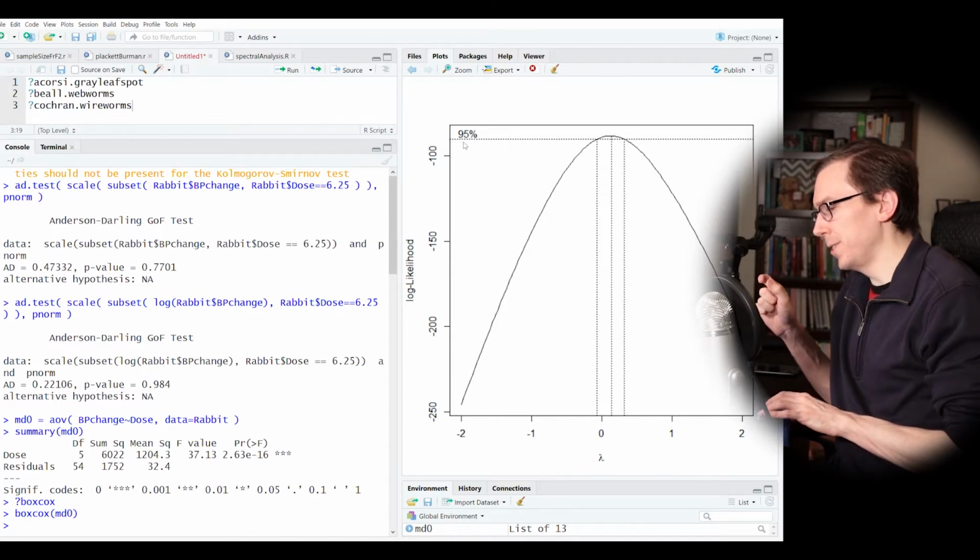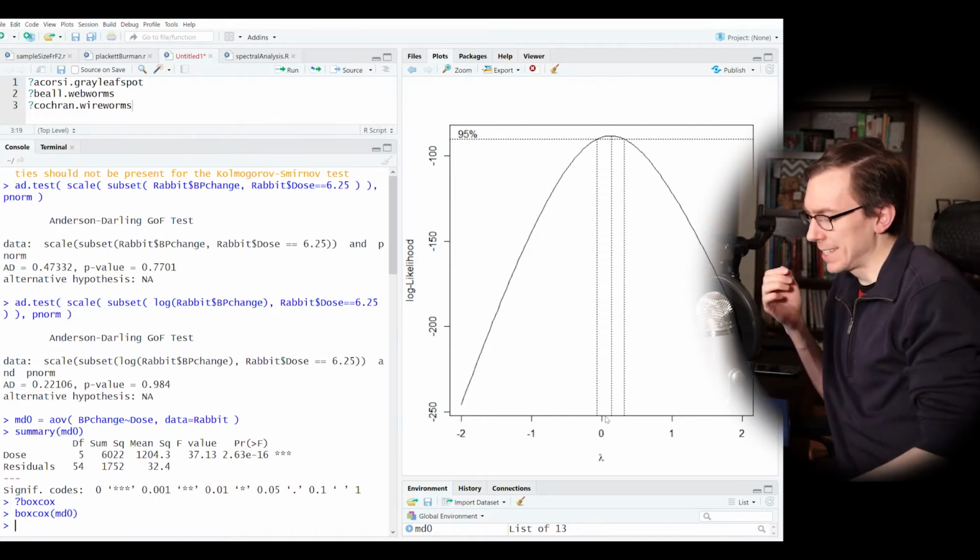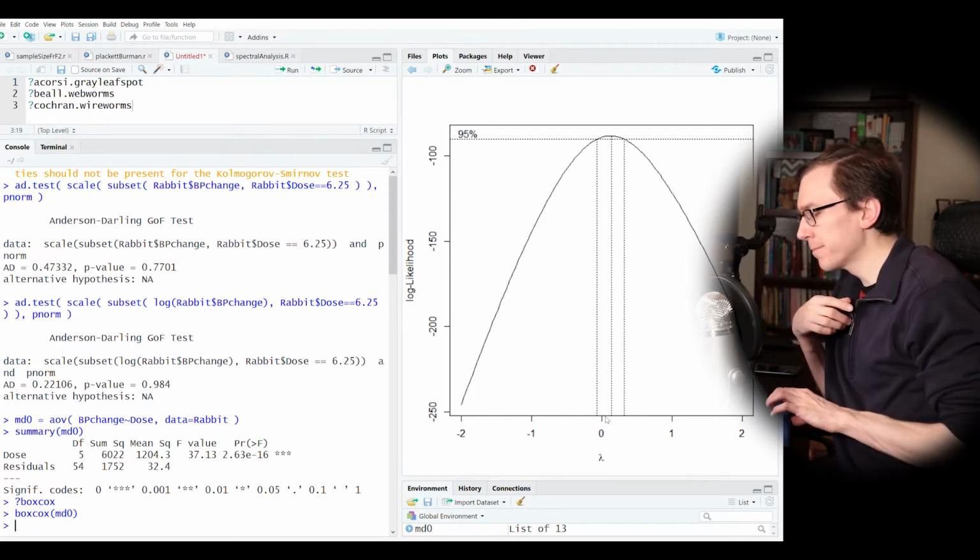But you'll also notice it gives you a 95% confidence interval for that parameter lambda. In this case, that interval seems to include 0, and 0, remember, is the log transformation. So it's telling us that the log transformation is a reasonable one to try.